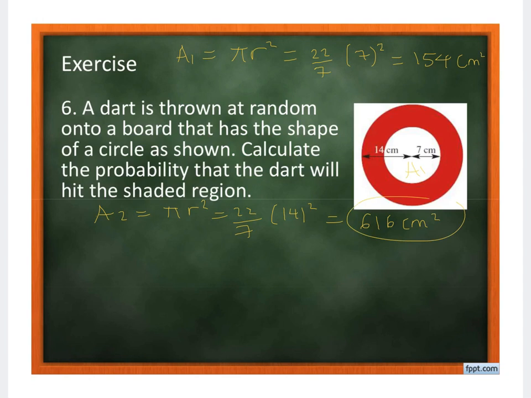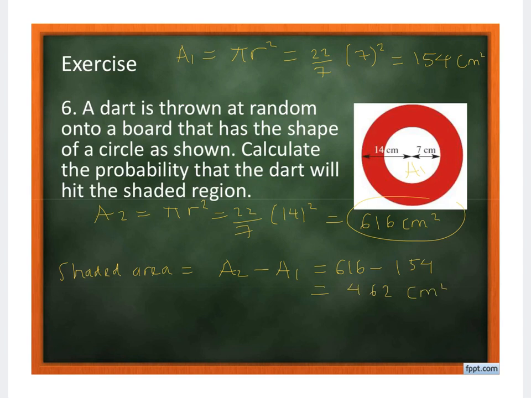The shaded area is the big circle minus the small circle. 616 minus 154, 462 cm squared.